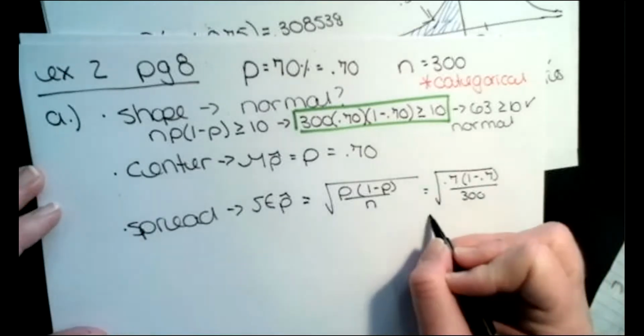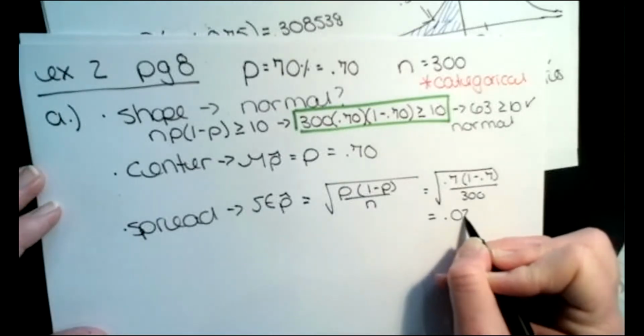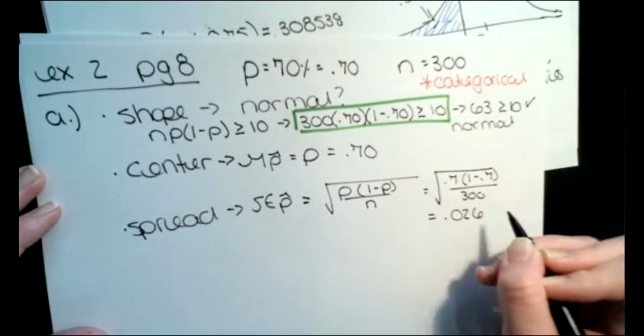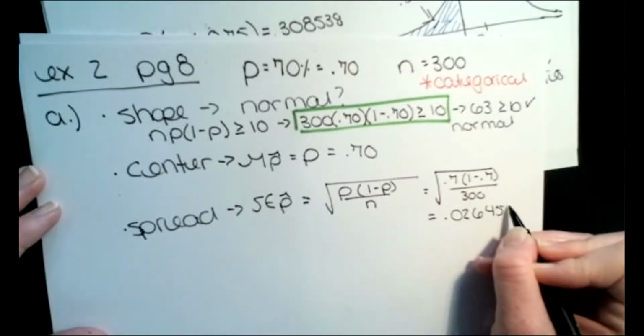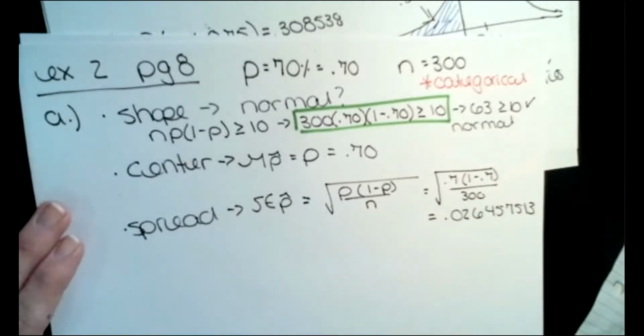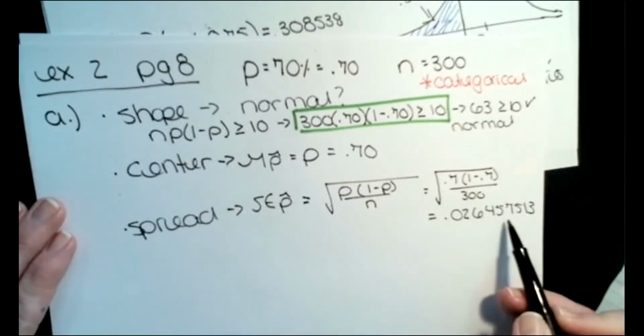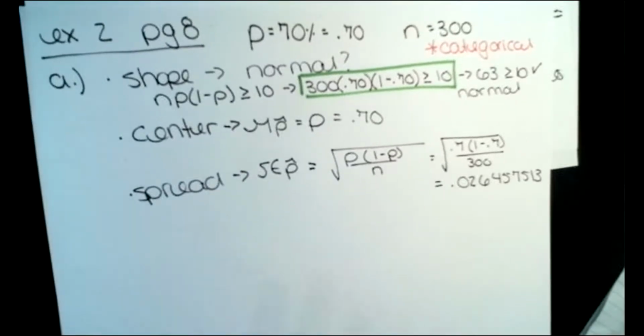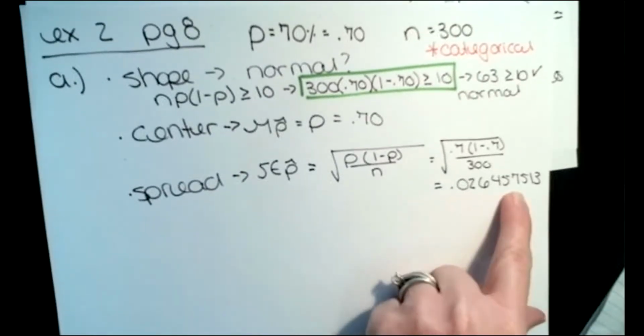And here I get a fairly small number, 0.026457513. Now, in Stat 1, I would have definitely rounded this a lot more. In Stat 2, I actually leave it out a lot further.